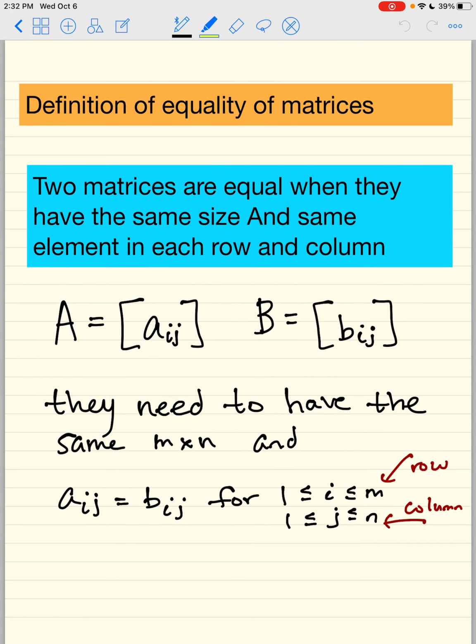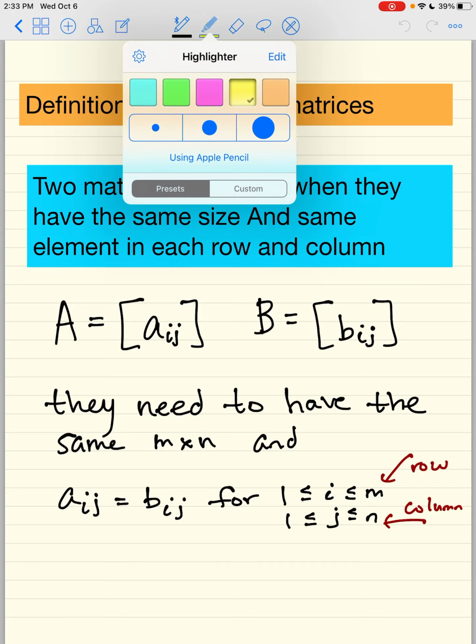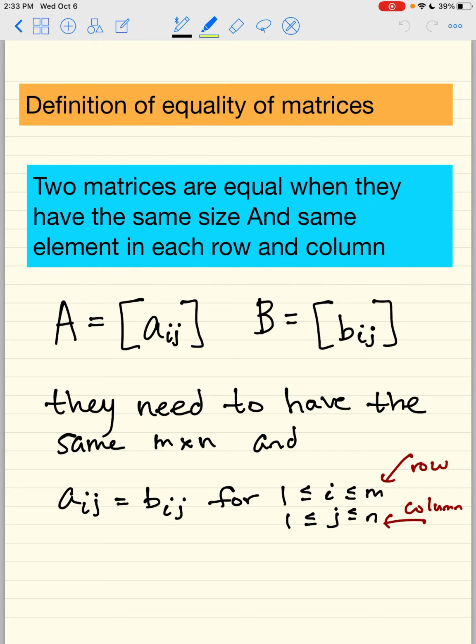Okay, so what is the definition of equality of matrices? Well, two matrices are equal when they have the same size and the same element in each row and column. That makes sense. If it looks the same, then they're equal. So let's take a look at this notation here. This is A, representing a matrix that has a rectangular array, and there are all these elements in it.